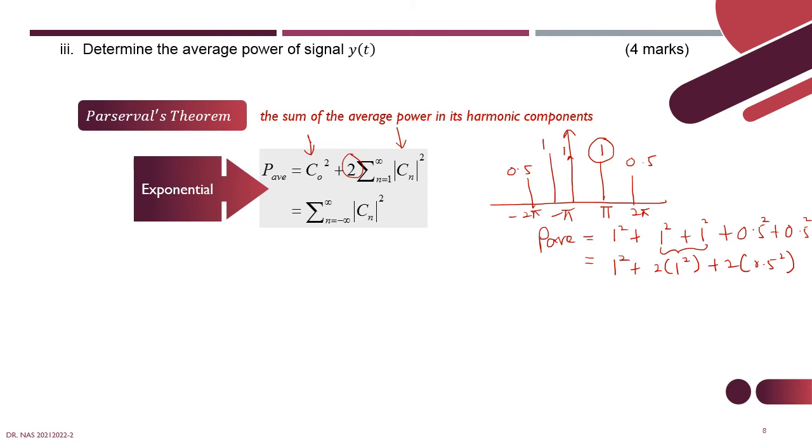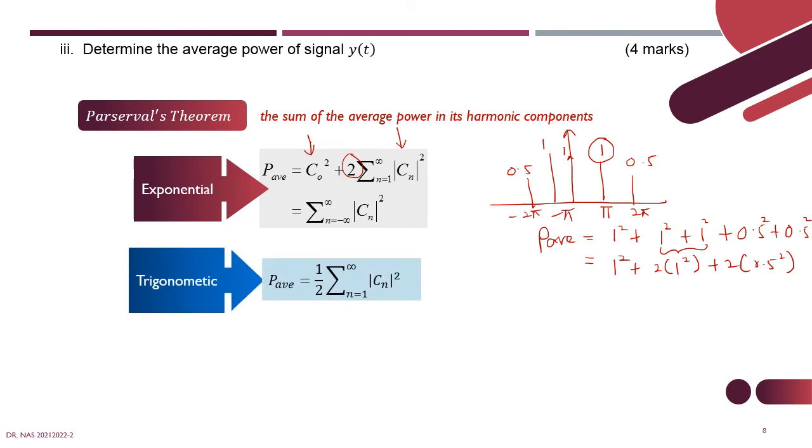But when you have single-sided spectrum or trigonometric equation, you can calculate the P average by using this equation, 1 over 2 of your Cn squared. Okay, so in this particular question, you have the single-sided spectrum, so you can consider this equation.